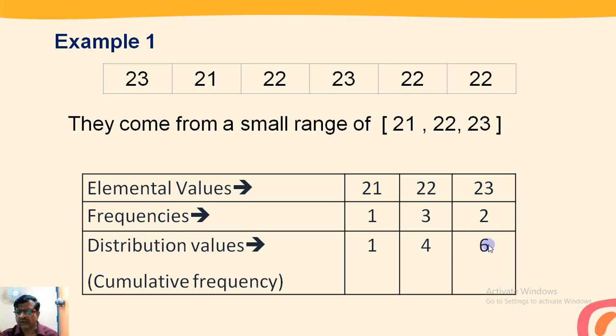Now, wherever 23 occurs, in the first instance of occurrence, it should be placed in the sorted array at location 6 minus 1. So when 23 occurs over here, its location is 6 minus 1, that is the 5th position.